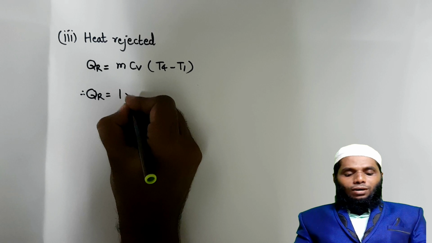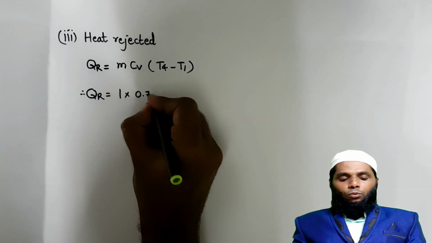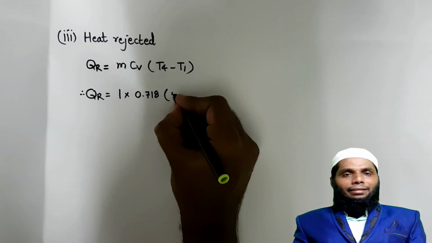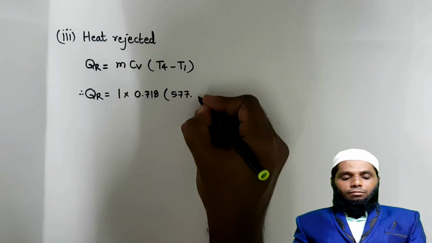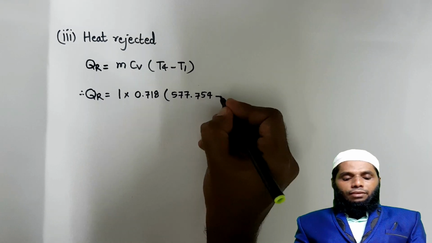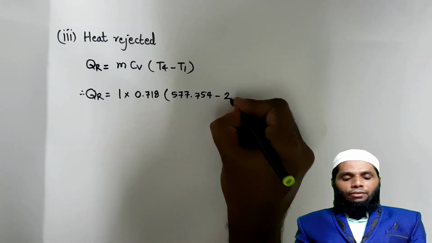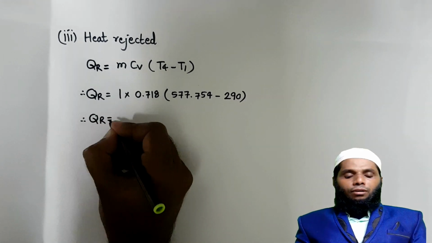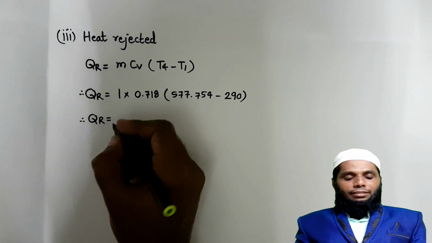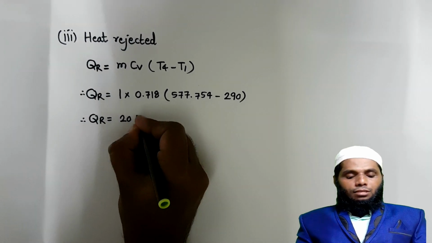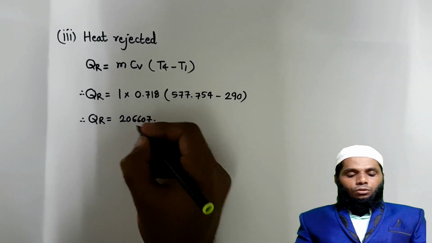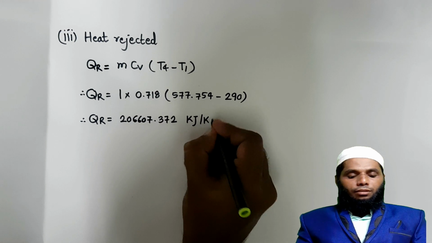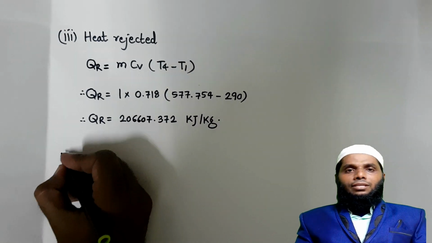So heat rejected QR is equal to 1 into 0.718 into bracket 577.75 minus 290. Therefore heat rejected value QR is equal to 206.67 kilojoule per kg.